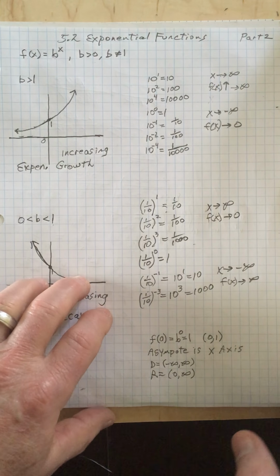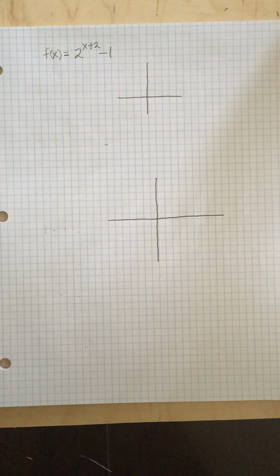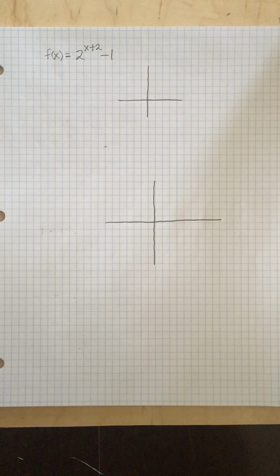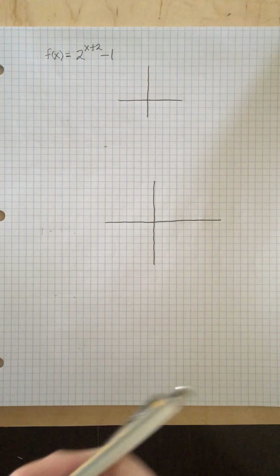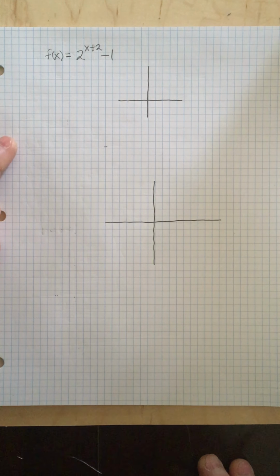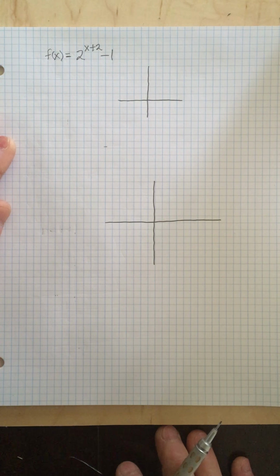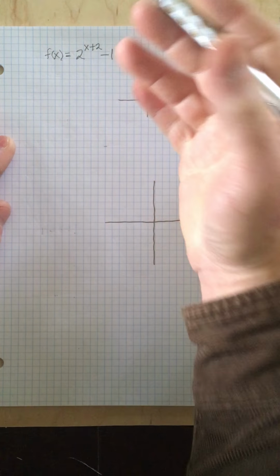All right, I want to look at one more thing now, and then next time we'll actually probably solve some problems with this. What I've got here, let's read this. What I've got here is a function that we want to go back to chapter 3 on, and I'm not sure if chapter 3 called out the exponential function or not, but if you look at this, it's a function and we would like to graph it.